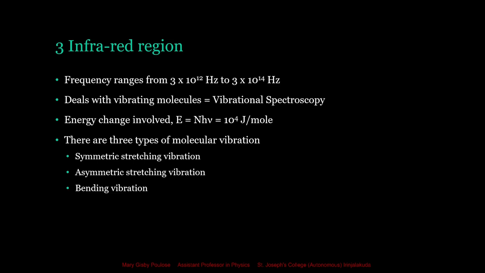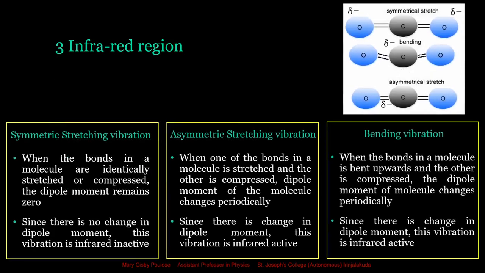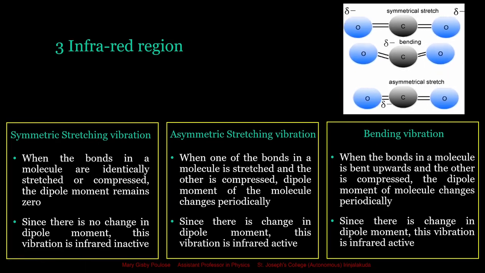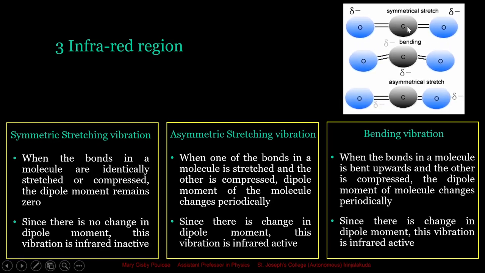The molecule can vibrate in three types. It can show symmetric stretching vibration, asymmetric stretching vibration, or bending vibration. So in this slide, we can see in the top right corner, the molecule carbon dioxide exhibiting the three different types of vibrations. The first one, symmetrical stretch: the positive and the negative centers will coincide at C itself.